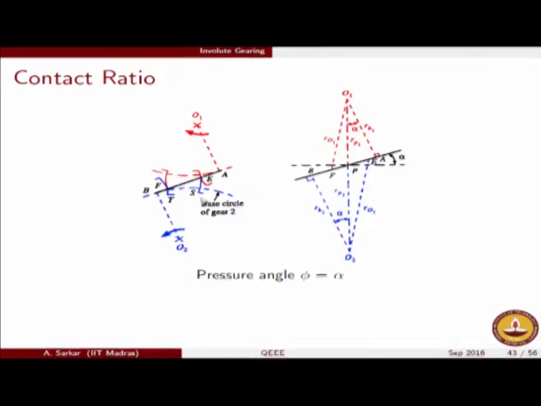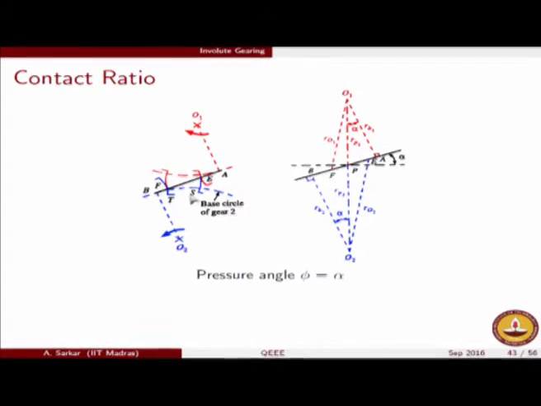So here if we look into the finer details, we see that the start of engagement happens exactly at this instant where I am hovering my mouse now. The end of engagement for the same tooth pair happens here, right?